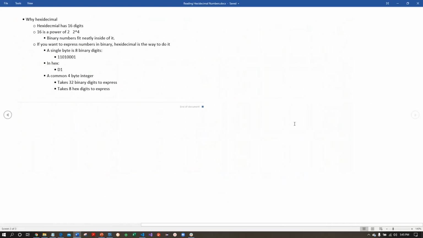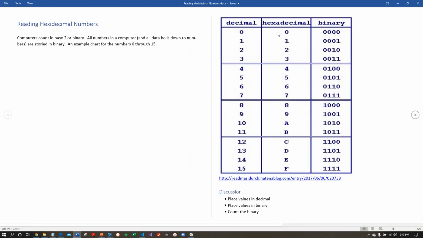So hexadecimal has 16 digits. That's the reason why this table is organized from 0 to 15. Hexadecimal is base 16, as another name for it, so it has 16 individual numerals. When we get to 10, we don't need to jump over to the next place.